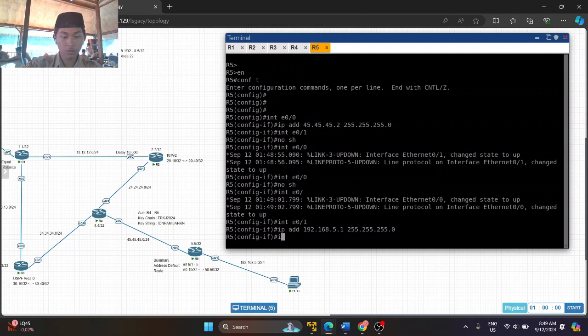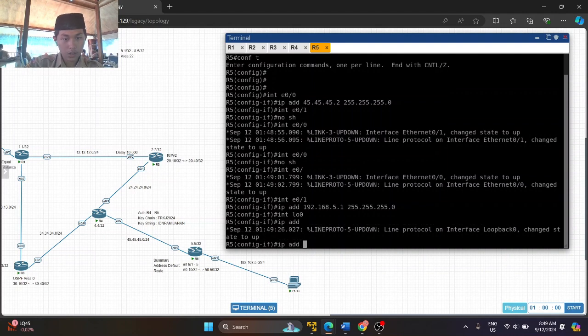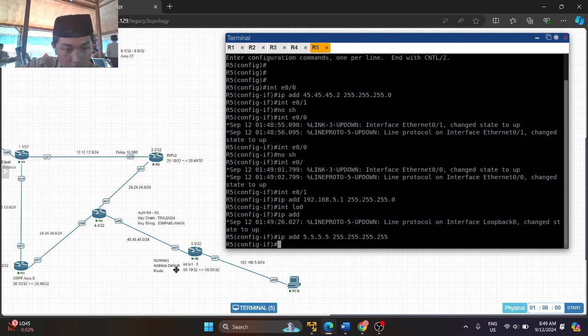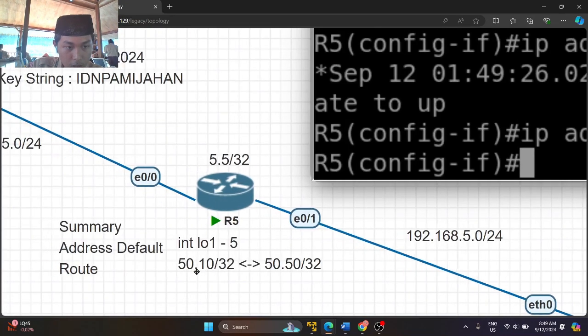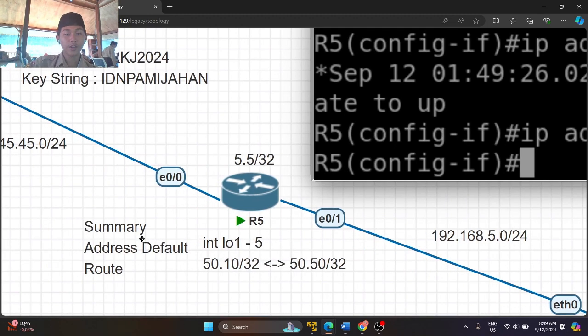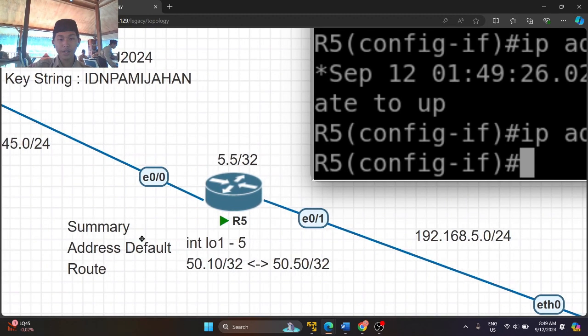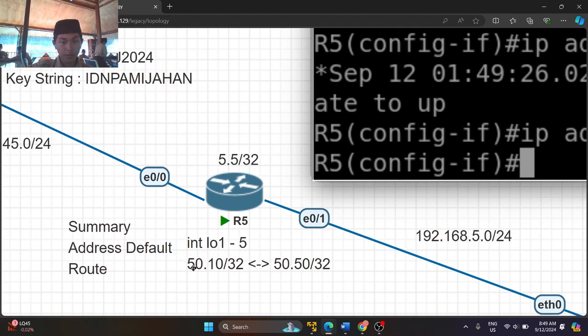Okay, and then let's move to interface loopback 0, IP address 5.5.5.5 prefix /32. Okay, here as we can see in router 5 we also have a command to make interface loopback 1 with this IP address, and later on we will summarize the address into a default route.